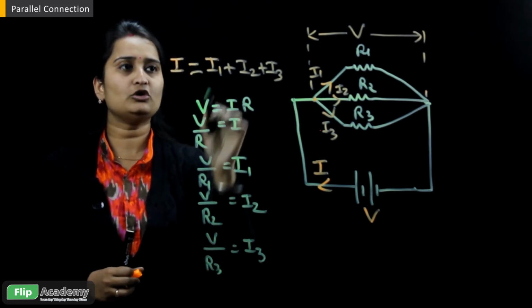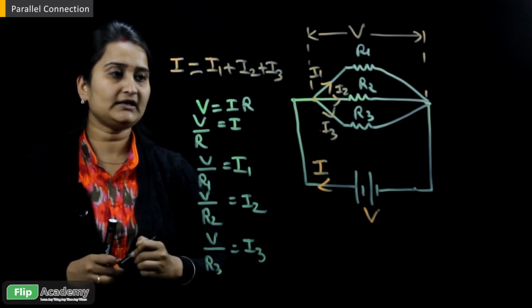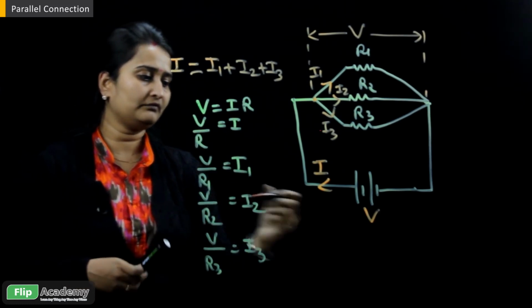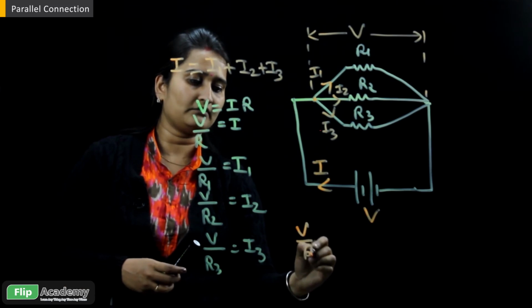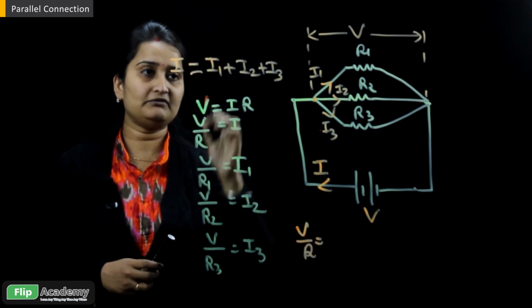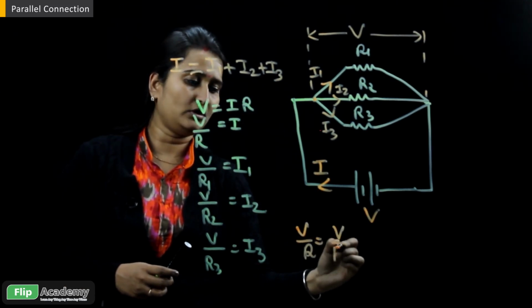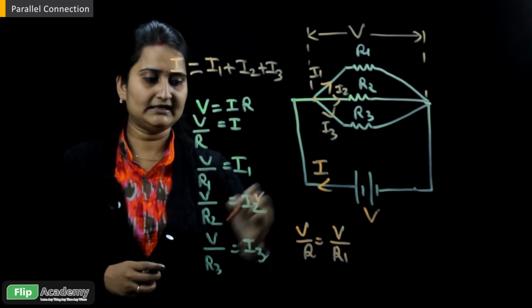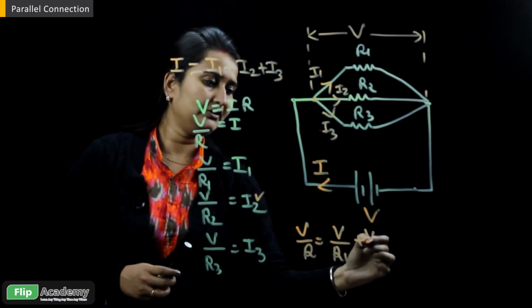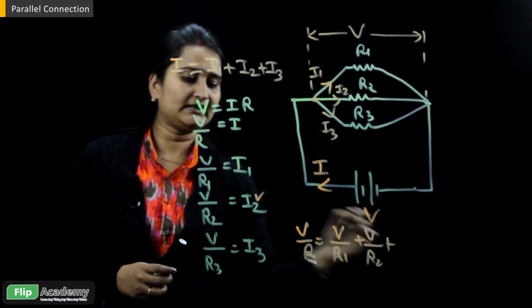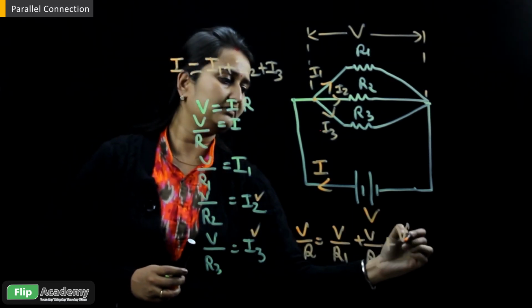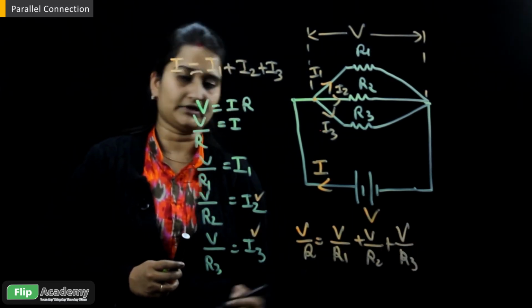Now put these values into this equation. For capital I, we need to put V upon R. For I1, we need to put V upon R1. For I2, we need to put V upon R2. For I3, we need to put V upon R3.